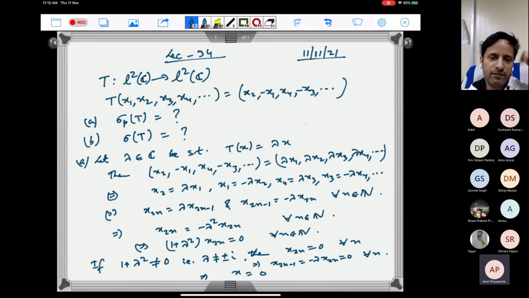So what does this say? This says that if lambda is not equal to plus minus iota, then it is not an eigenvalue.